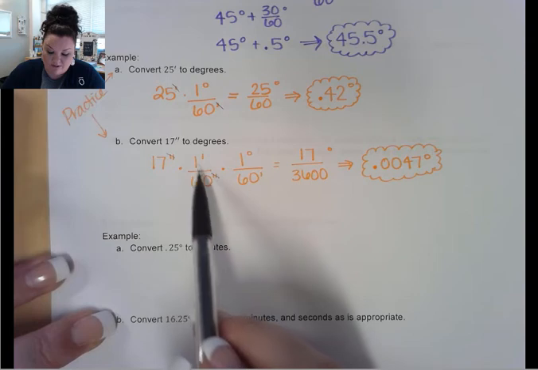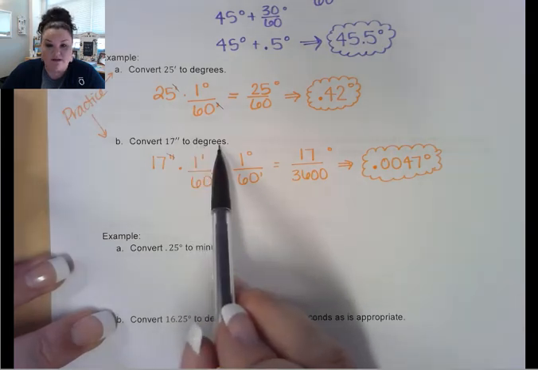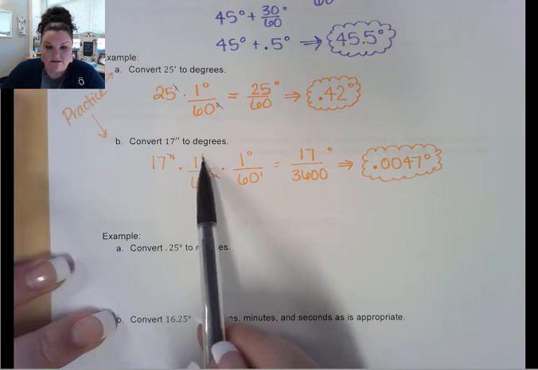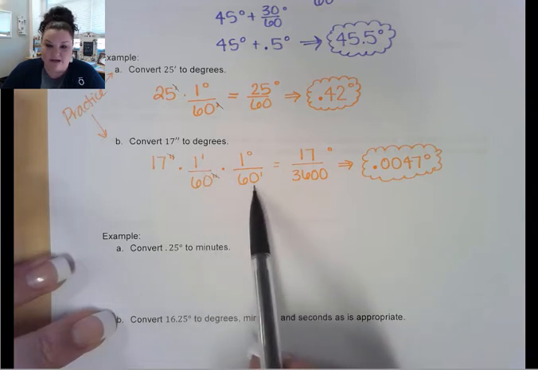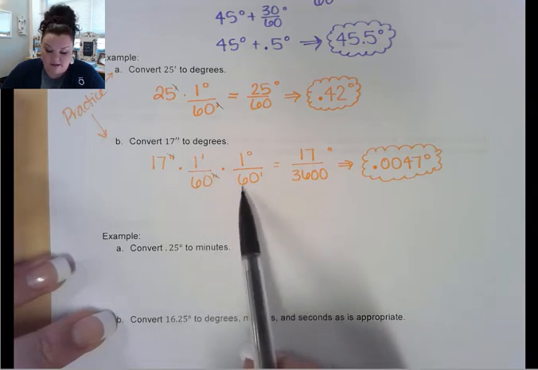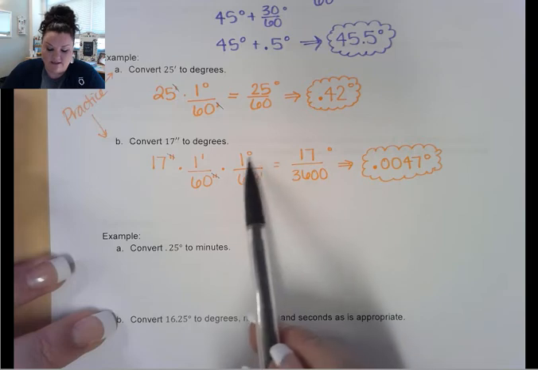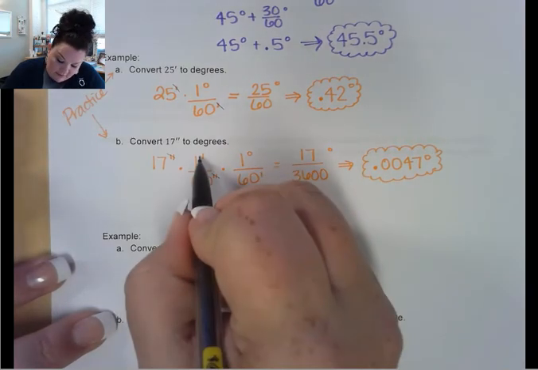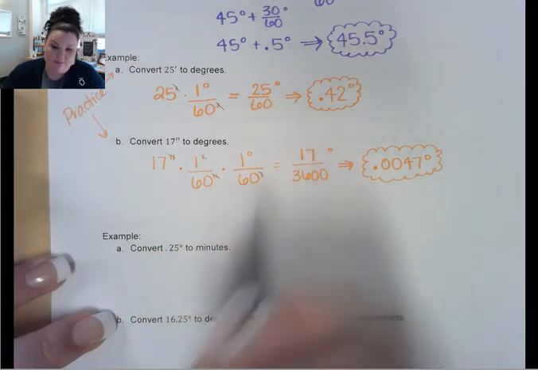And then I don't want to stop there because I need to go all the way to degrees. So then I need to convert from minutes to degrees. So I have minutes on top here. In order to cancel that minutes out, I need minutes on the bottom over here. So I know that 60 minutes is the same as 1 degree, right? And that will allow me to cancel out my minutes.